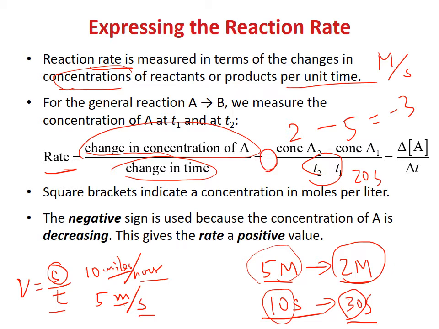So negative concentration change, because the concentration decreases. That gives you 3 divided by 20, and that gives you 0.15 molarity per second, divided by time in seconds. Which means every second the reaction consumes 0.15 molarity of the reactant.